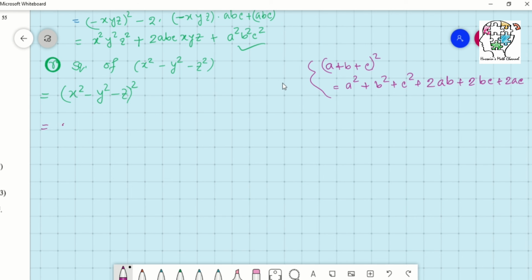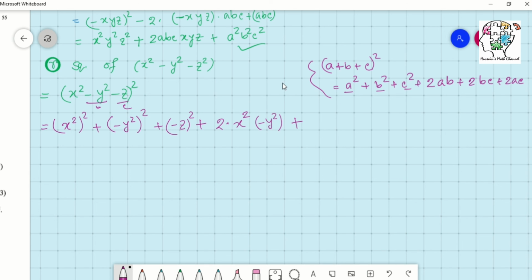Using this formula we can find the square of this number. That means x square is my a, so a square, then plus, we can use the plus formula, because minus y square is our b, so minus y square and then square, and minus z is our c, so plus minus z whole square, that means a square plus b square plus c square, and then we can write 2 times a means x square, and then b means minus y square, right?